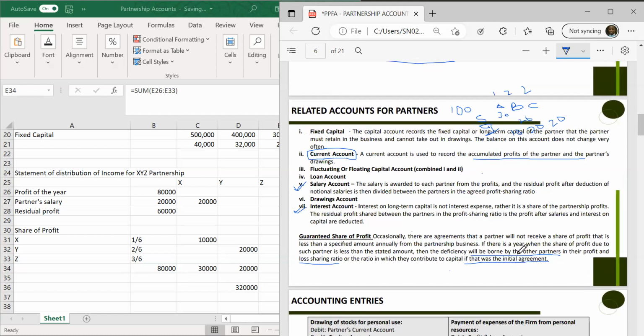The deficiency will be borne by the other partners in their profit and loss sharing ratio.